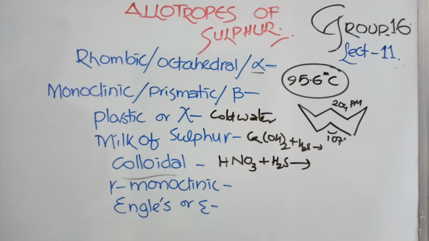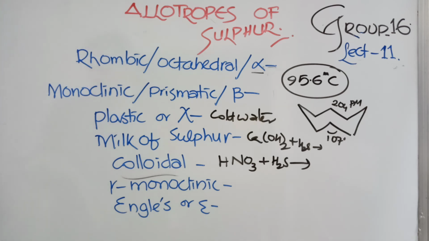The above two are known to us, the temperature based ones. Gamma, or monoclinic sulfur, is generally prepared by cooling a hot concentrated solution of sulfur. Last one is angel sulfur, or epsilon sulfur.